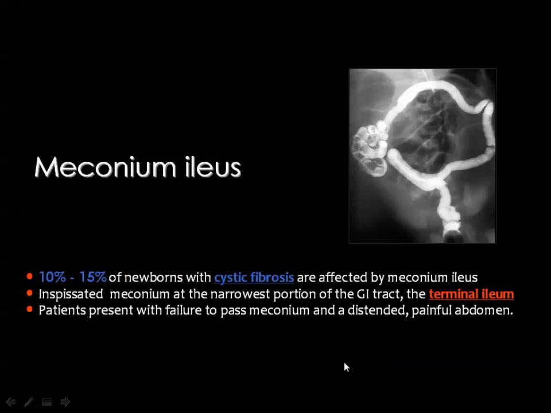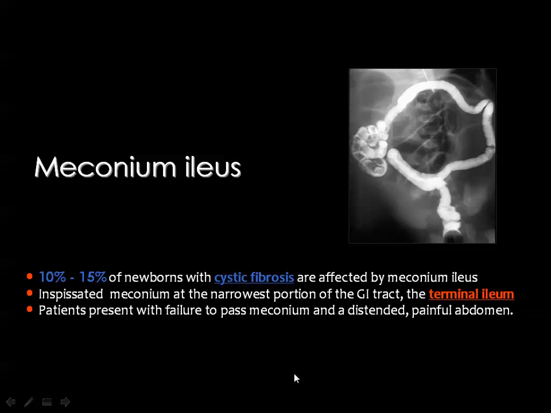Then we came to the meconium ileus, which means that there is inspissated meconium lodged in the narrowest part of the gastrointestinal tract, which is the terminal ileum. And this will result in obstruction of the terminal ileum, meaning that the colon will be small and the proximal bowel will be dilated, containing a lot of gases.